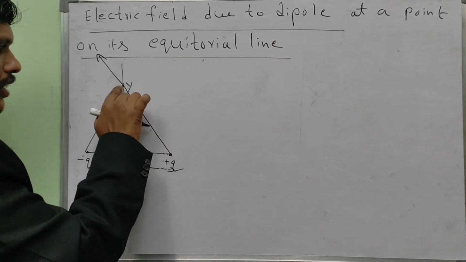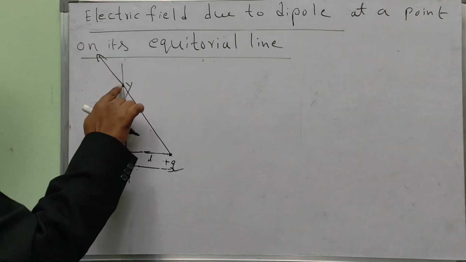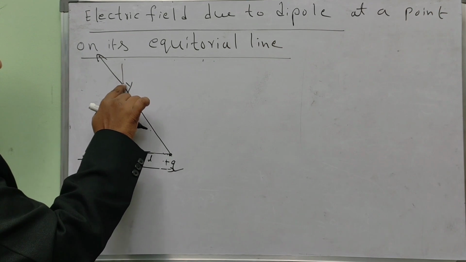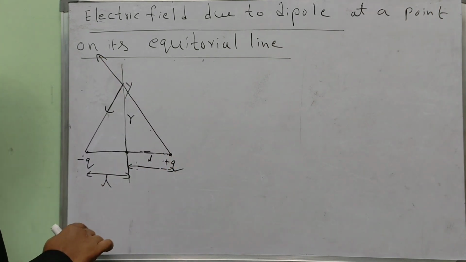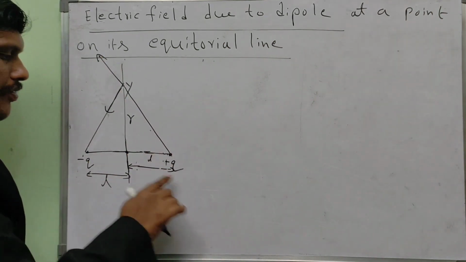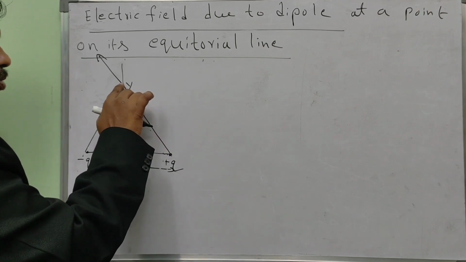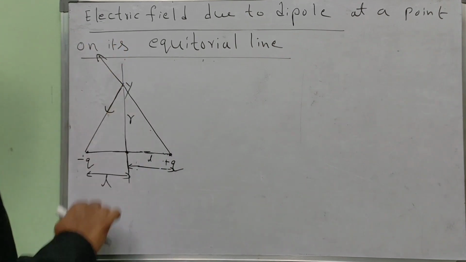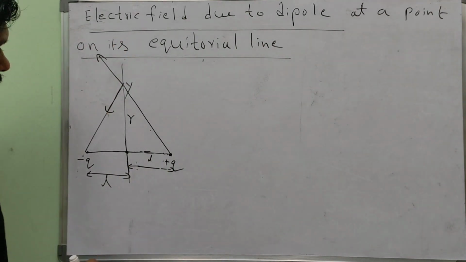Along the line joining, away from the charge. I am going to repeat: we need to draw the electric field along the line joining charge and point, away from the charge, because this is the positive charge.